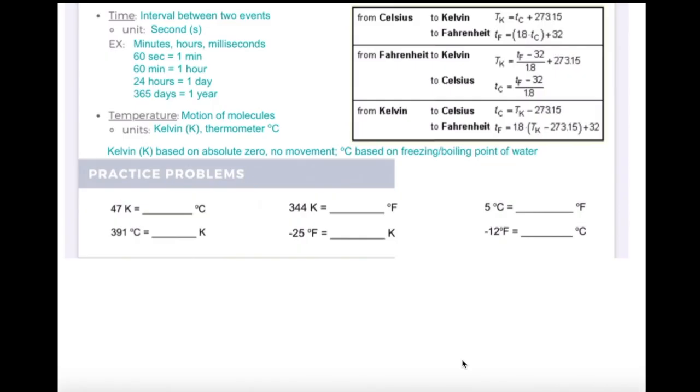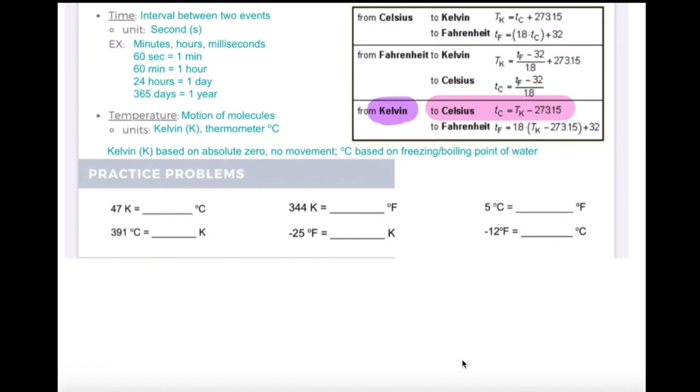So we're going to start with practice problem number 1, which is 47 Kelvin equals how many Celsius? Okay, so we're starting with Kelvin and we're going to Celsius, so this is the equation we're going to use.